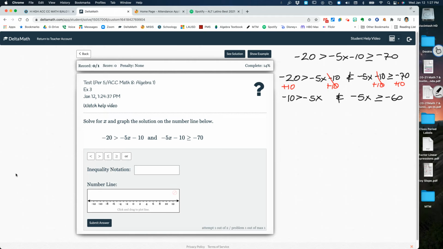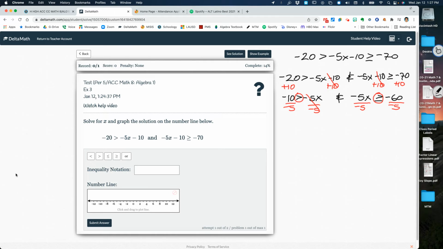Okay. So I got this. And now I have to divide away the negative 5. The catch here is I got to flip that. I'm going to do that here too. And that means I got to flip this one. Okay. So let me write down what I get.